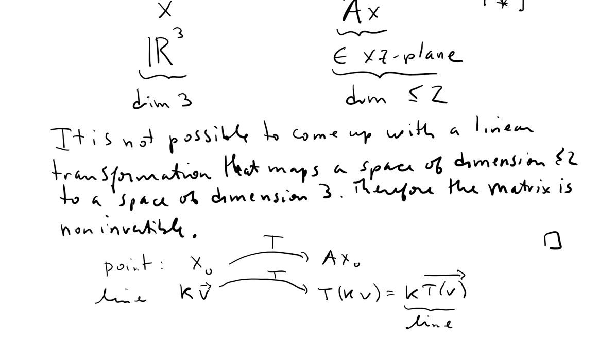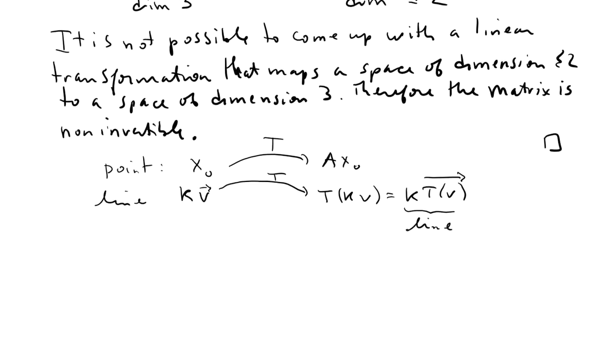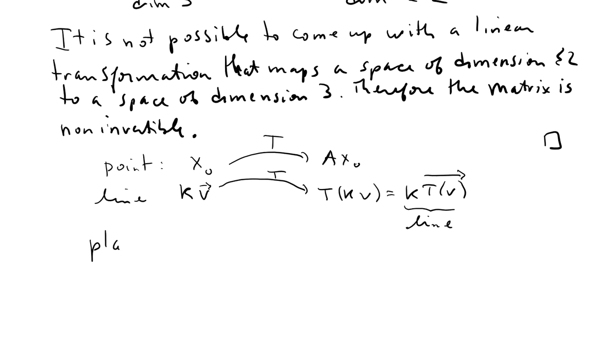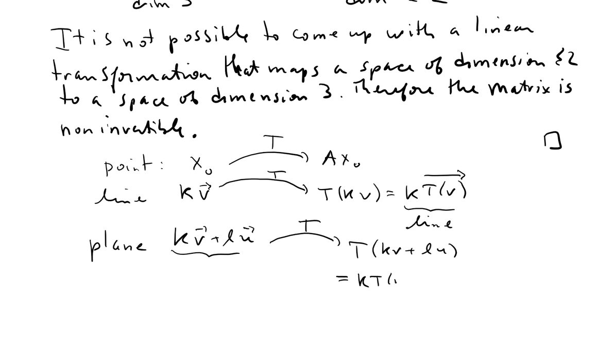So lines are mapped onto lines, and it's the same for planes really, because if you have a plane, in that case you have a linear combination of maybe two vectors u and v that are non-parallel. If you apply T to kv plus lu, you're going to get k T of v plus l T of u.